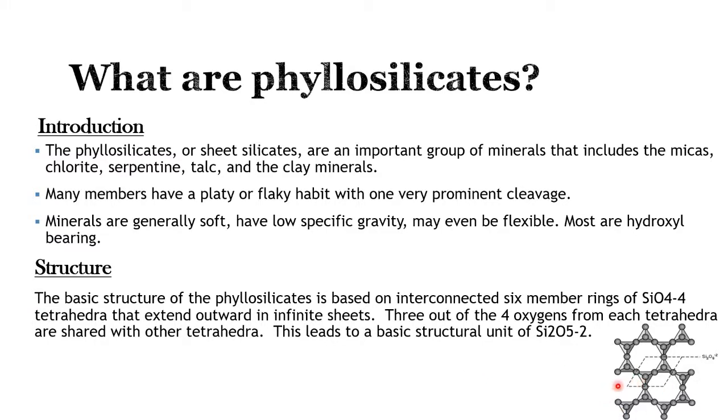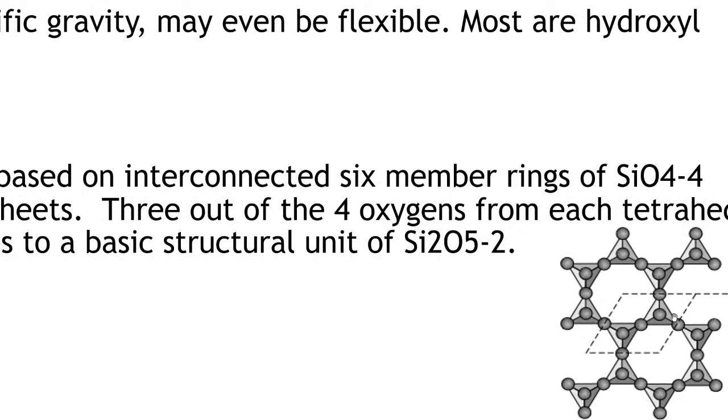Okay, so they are attached. This upper side is not connected with any other tetrahedron. They are free, not connected, not attached, but these basal sides are all connected. Clear? Okay.